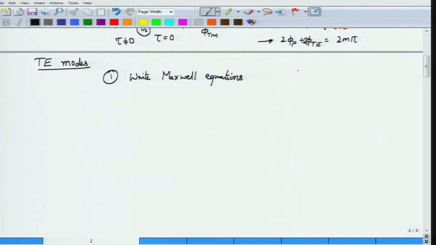So the prototype problem that we are going to consider is a film having a certain thickness d and made up of some material of permeability mu d and permittivity epsilon d. Later we will replace this mu d and epsilon d by their appropriate refractive indices. Okay, so for now we will simply put that in. We will assume a symmetric waveguide in the sense that the cover as well as the substrate are both air. Of course, you might ask, how can such a slab be present, how can it hang in the middle of the air?